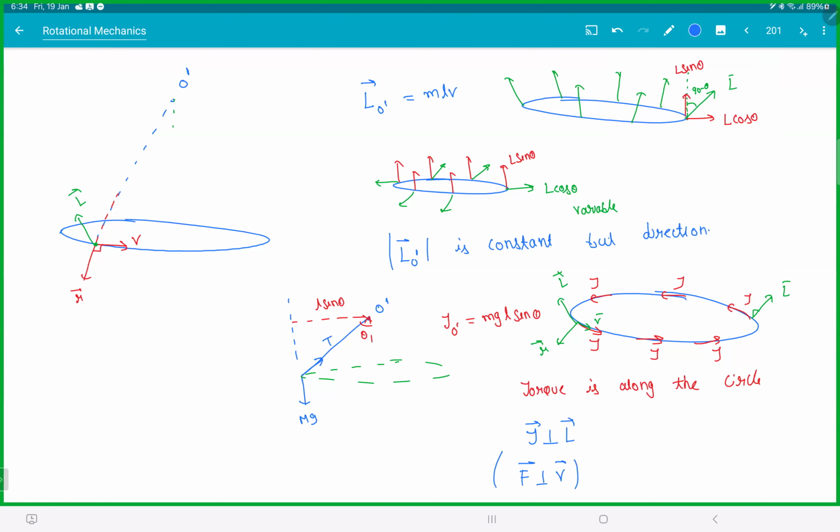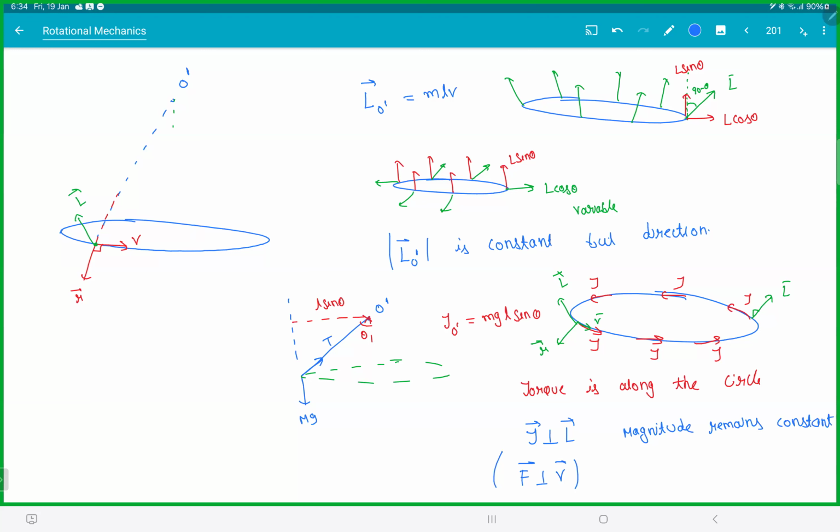Something similar happens. Now, I'll tell you one thing. Technically, it is difficult to visualize what is happening. Mathematically, it makes sense. Because the torque is perpendicular to L bar, the magnitude remains constant, but direction changes. Just think of it like a uniform circular motion. Because if you apply torque, angular momentum should change.